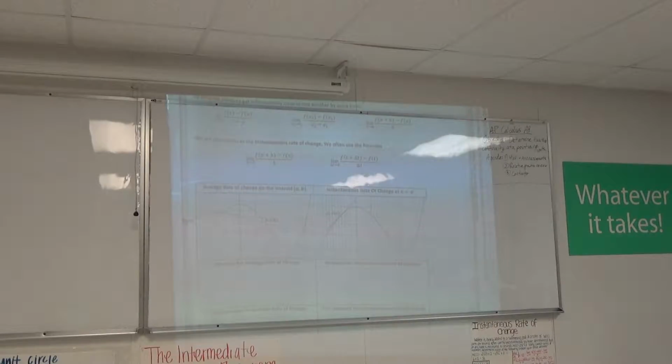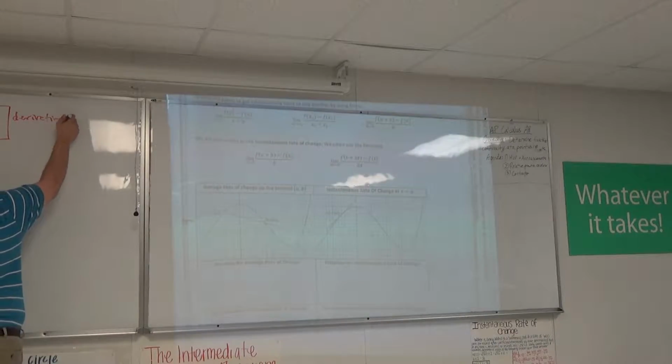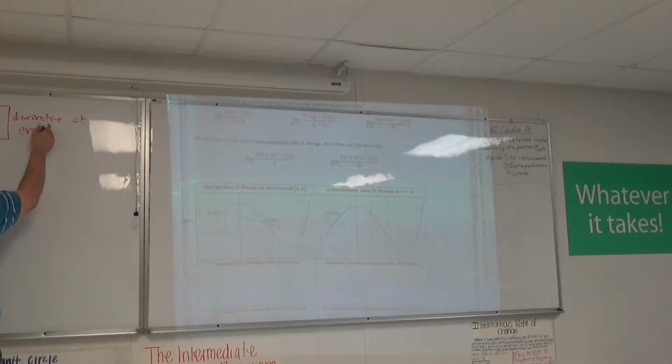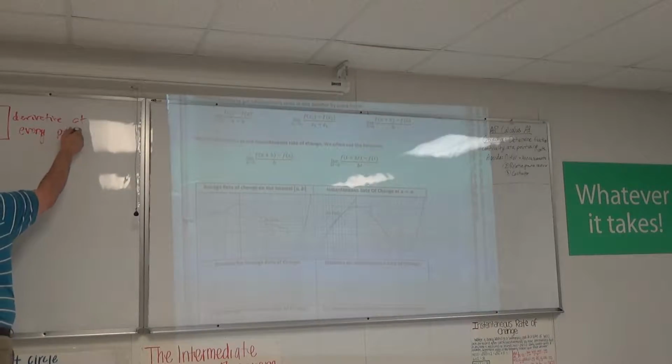The limit as h approaches 0 of f of x plus h minus f of x, over h. Okay, limit as h approaches 0, f of x plus h minus f of x all over h. This guy here is going to give you the derivative at every point.